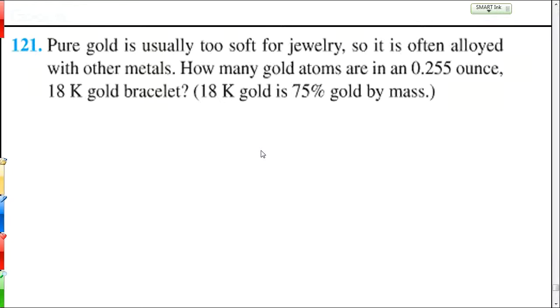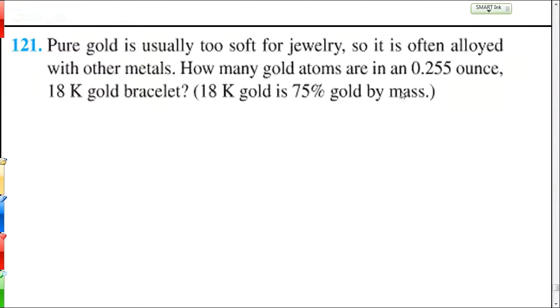All right, so gold alloyed with other metals. How many gold atoms in a 0.255 ounce 18 karat gold bracelet if 18 karat gold is 75% gold by mass? But first, this is ultimately going to be a mole type question because we have to figure out the number of atoms, and we know the number of atoms per mole.